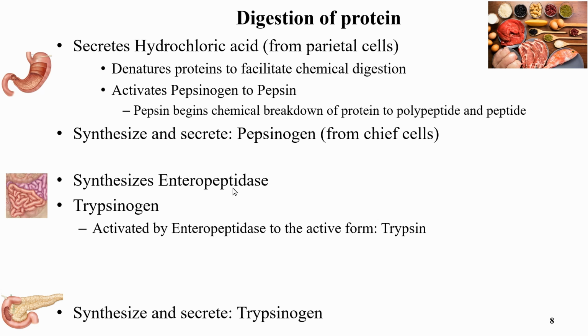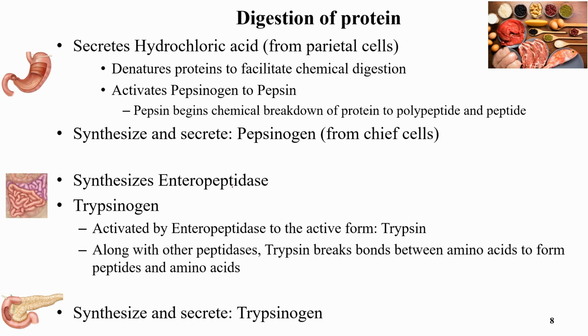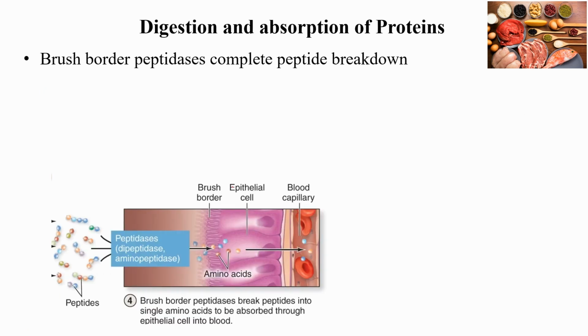Trypsin is active, it will begin to break down peptide bonds extensively. Ultimately, you begin to form a lot of amino acids as well as dipeptides, which is two amino acids. And so this is what that looks like, a bunch of di and tetrapeptide, a dipeptide here, a dipeptide there.